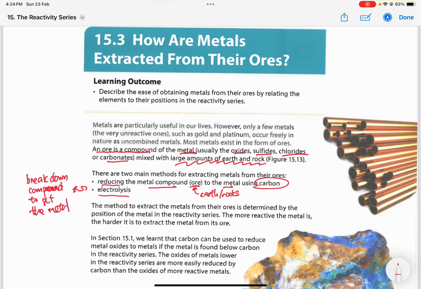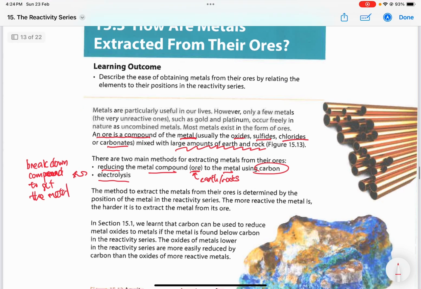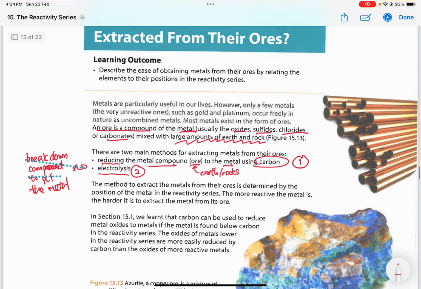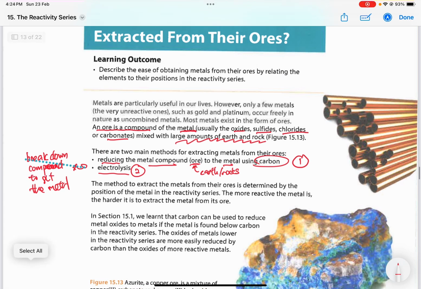Okay, now the key idea here is, which one should I use? Should I use method 1, which is using carbon to extract the metal from the metal ore? Or should I use method 2, electrolysis? Now, generally, there are two ways to look at it. The first one is using the position of the metal in the reactivity series. The more reactive the metal is, the harder it is to extract.